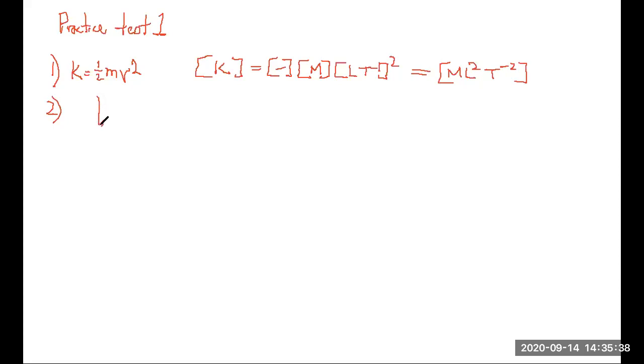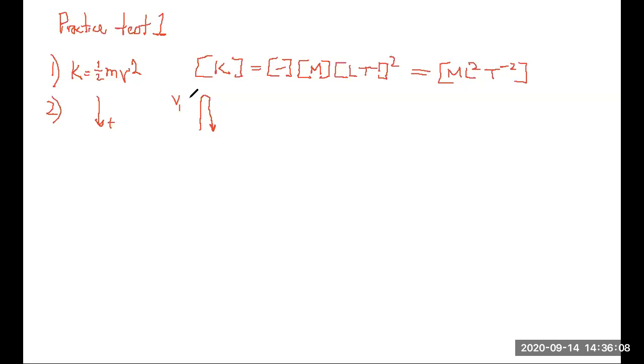So we've chosen downwards to be positive. This is the positive y direction, say. Now the ball itself goes up into the air and comes back down again. So that's the path of the ball. And if you think about the velocity of the ball, the velocity is upwards initially until it reaches the maximum height.